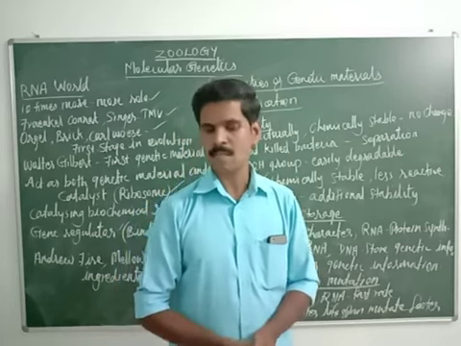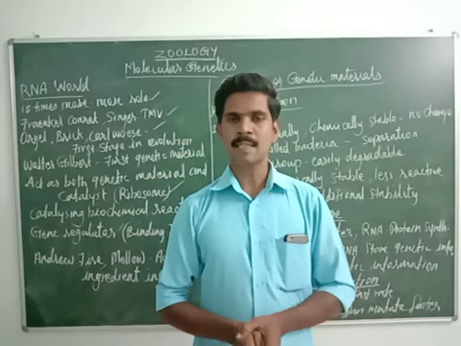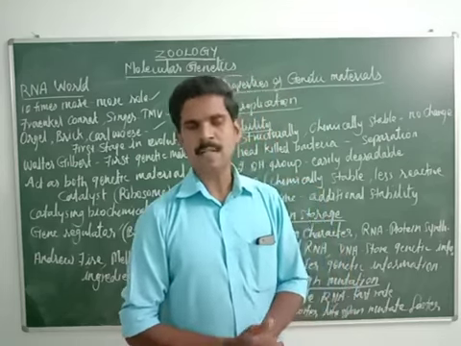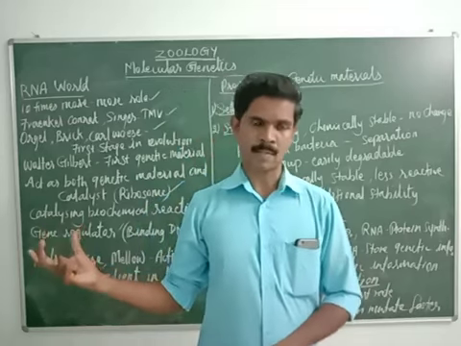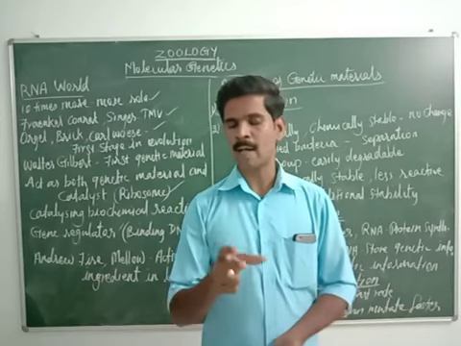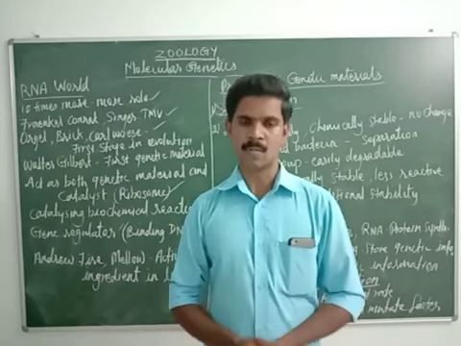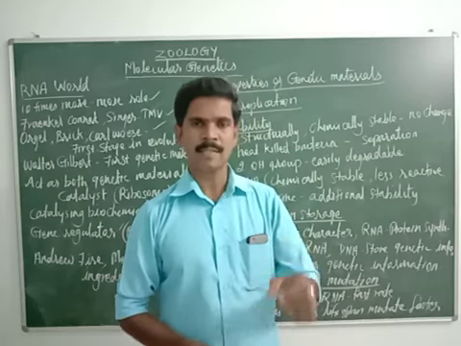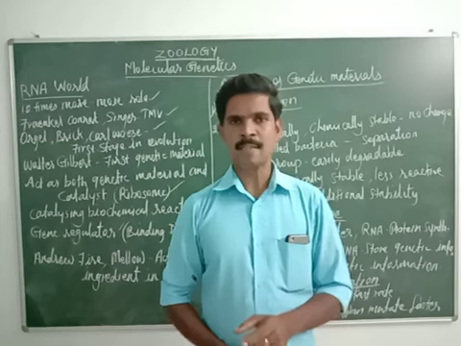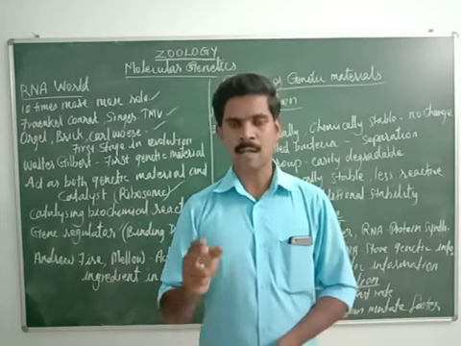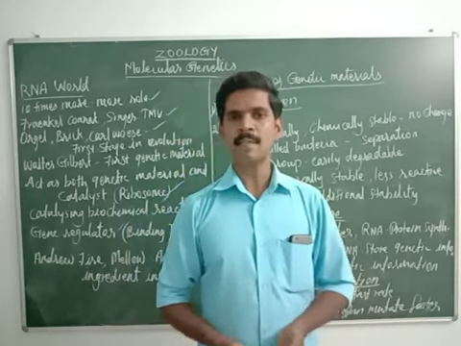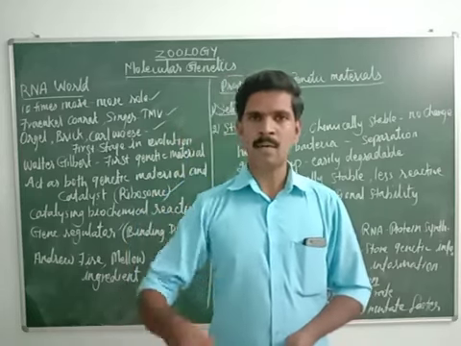So Hershey and Chase showed DNA is the genetic material in most living organisms, but in some viral species like tobacco mosaic virus, RNA acts as the genetic material. So the genetic material may be either DNA or RNA.